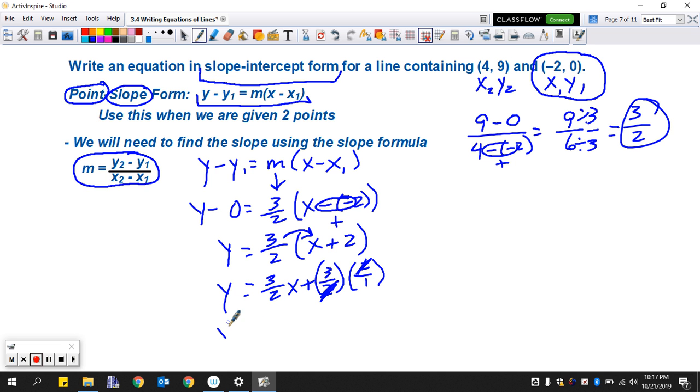We end up with y is equal to 3 over 2x plus 3 over 1, or just plain old 3. All right, so that would be our equation for a line that contains 4, 9, and negative 2, 0.